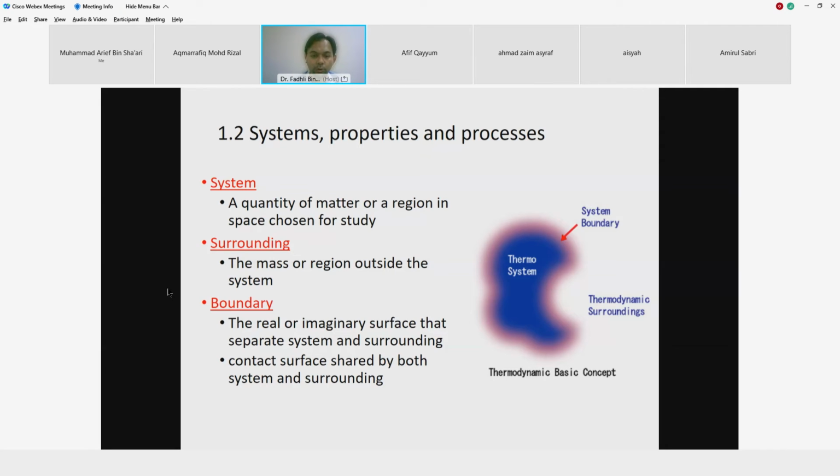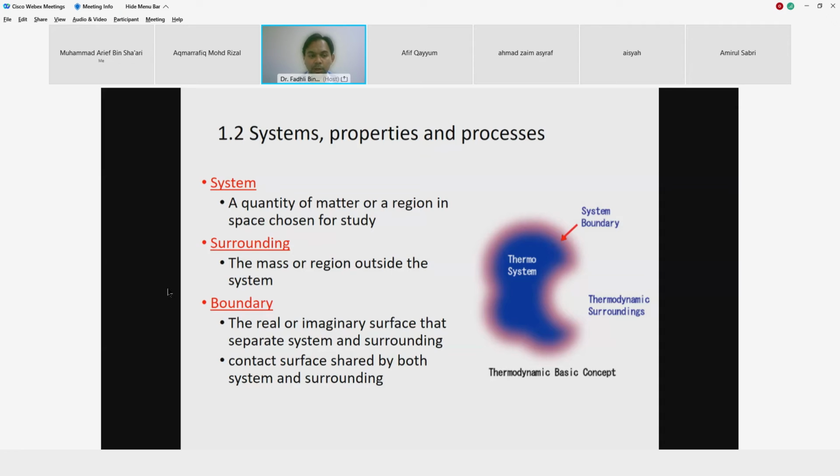So your room is the system. The place where you are sitting right now in your room is a system. The wall that is surrounding is the boundary. Outside your room, anything outside your room is surrounding.